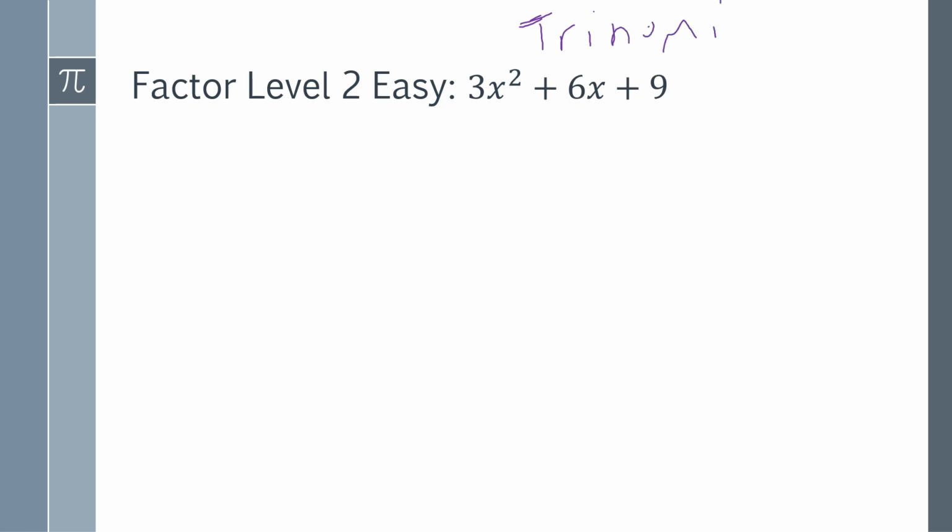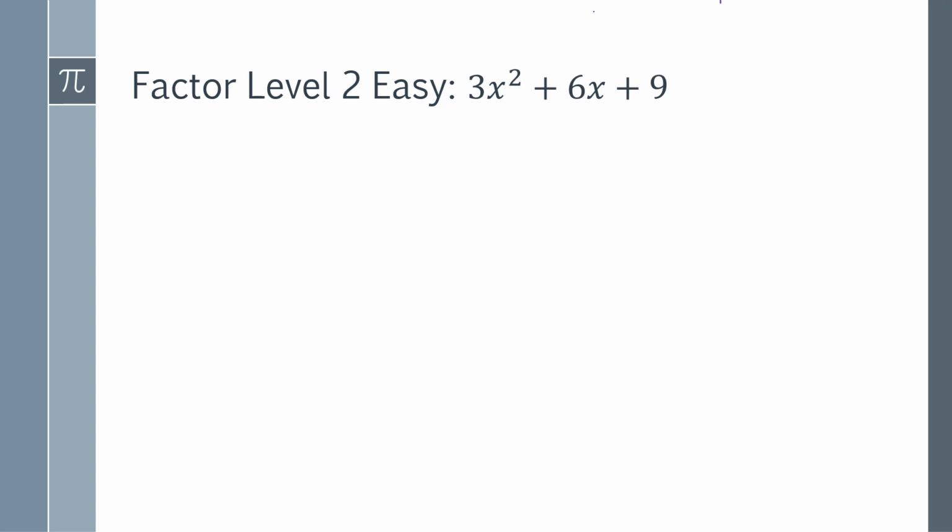Again, I do apologize about my writing, but I know that by you hearing my voice, you can understand that this says trinomial. So let's go back to do what we did in level 1.